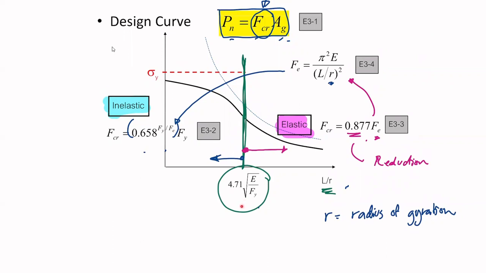If your slenderness ratio KL over r, now, not L over r, exceeds this value, you have the elastic behavior, and you predict the strength by using this formula, which is a function of Fe. If your slenderness ratio is less than this limiting value, you predict your strength in the inelastic region by using this formula, which is also a function of Fe.